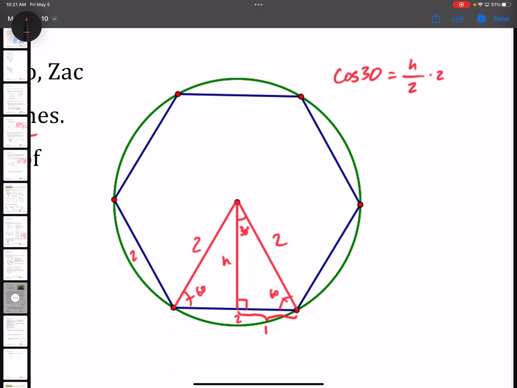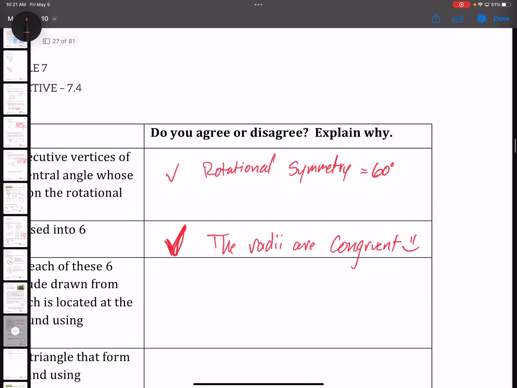So then, to get h by itself, I need to multiply both sides by 2. Then you get 2 times cosine of 30, which is 1.73. So there we just found out, yes, you can.